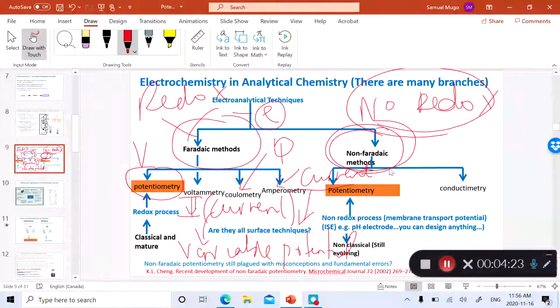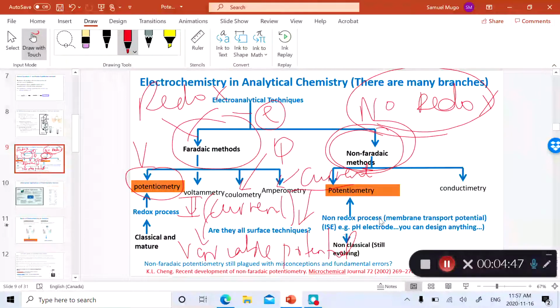On the non-Faradaic methods, on the other hand, where there's no redox process taking place, you can group them into potentiometry again. So again, in this case, the potential difference is generated out of a charge separation where you've got two sets of membranes separating two ions.